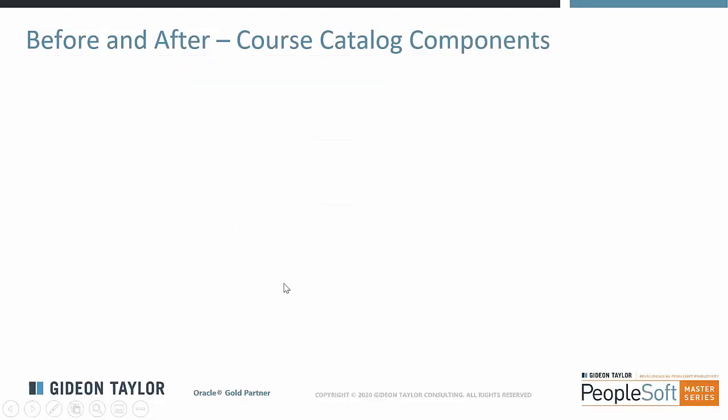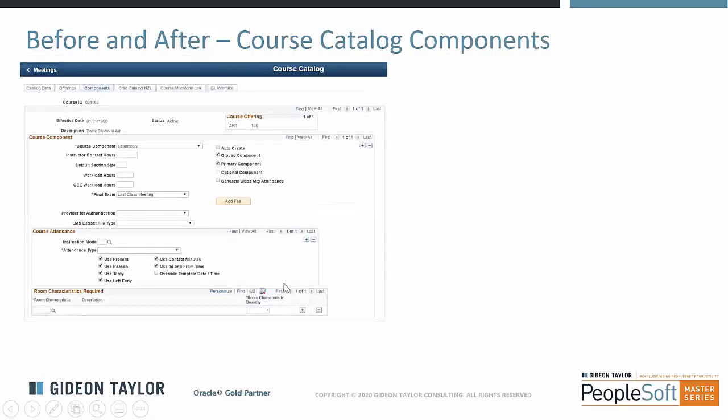Let's look at one more example. This is also the course catalog component, but this is a different tab, the components tab. You can see here we also have some functionality called course attendance, some more checkboxes, and a button here, LMS integration.